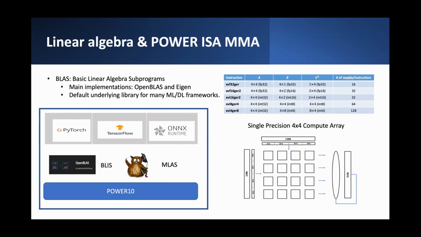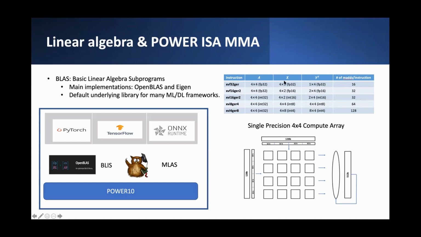There are 8 new 512-bit registers added, called accumulators, and they are used to store the result of these matrix multiplications. Depending on the data type, the accumulators can vary from a 4x4 to a 4x2 matrix. X and Y here are the inputs, and depending on the data type of the GER instruction, they vary from 4x1 to 4x2.